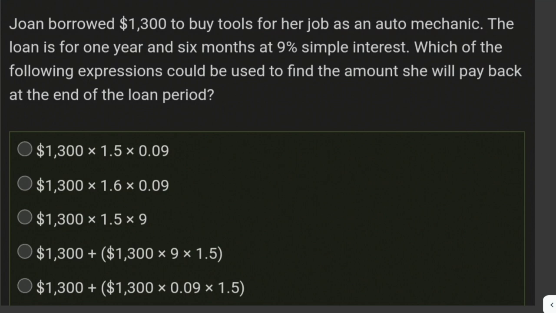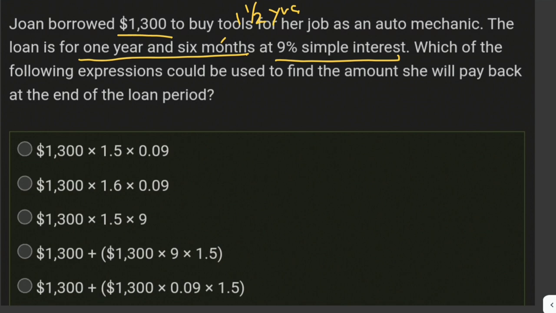Now, to solve for the amount she will pay back at the end of the loan period, we just have to find the interest by multiplying the amount borrowed, which is $1,300, by the time period in years. It says here 1 year and 6 months. So this is just 1.5 years. And then by the interest, which is 9%.